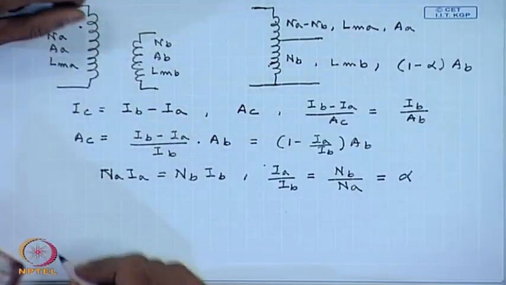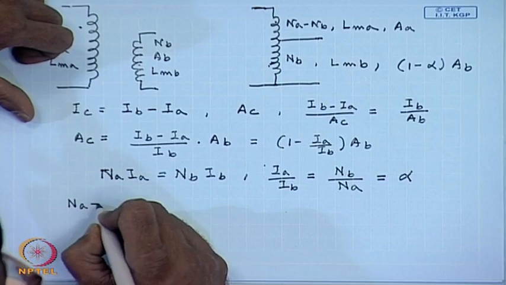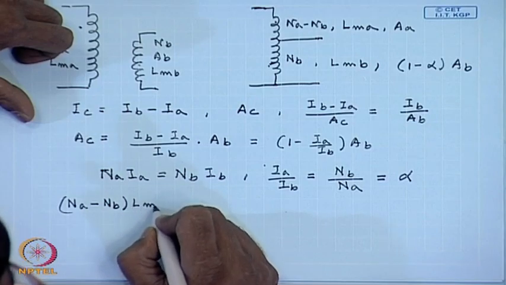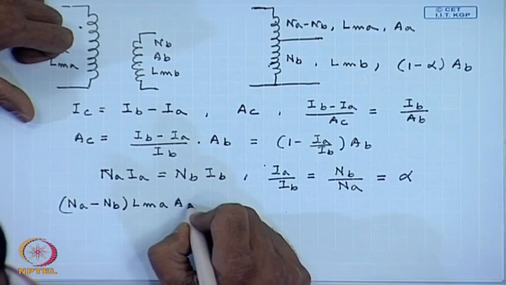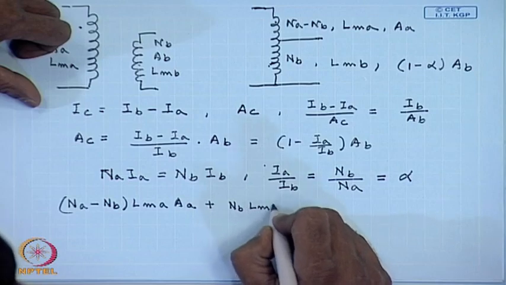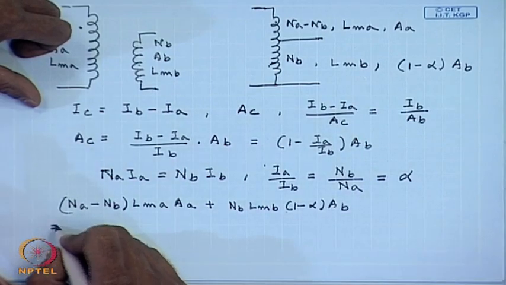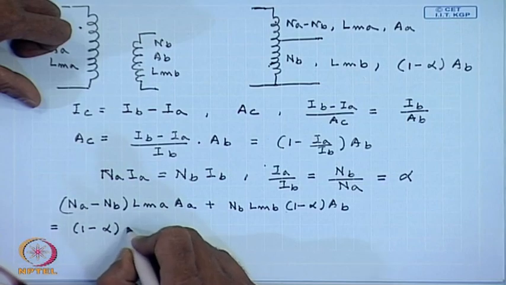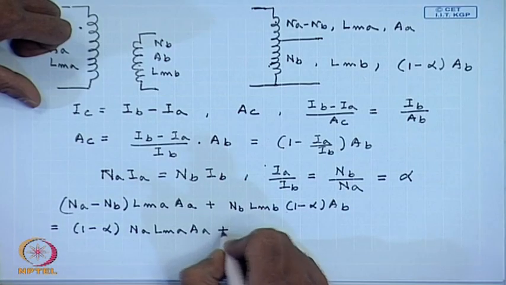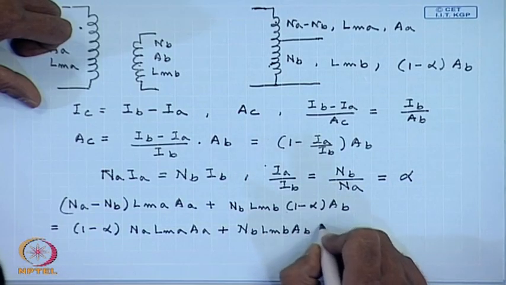Hence, the volume of the copper in the autotransformer will be Na minus Nb into LMA AA plus Nb LMB into 1 minus alpha AB, equal to 1 minus alpha into Na LMA AA plus Nb LMB AB into 1 minus alpha.